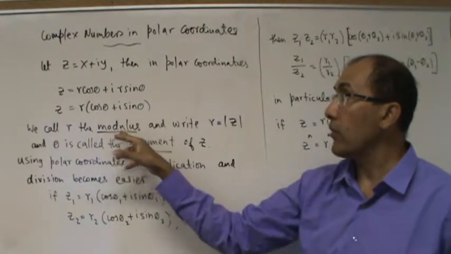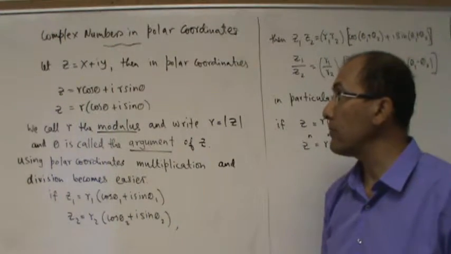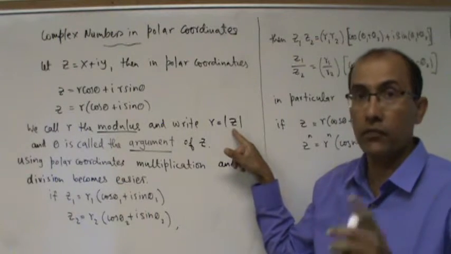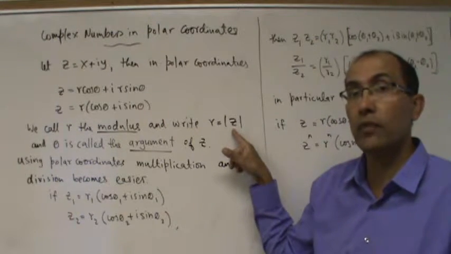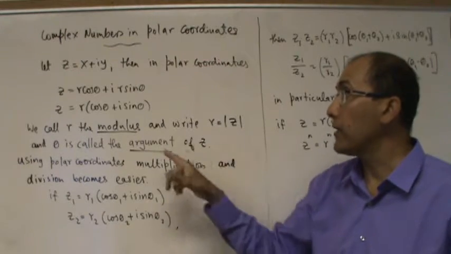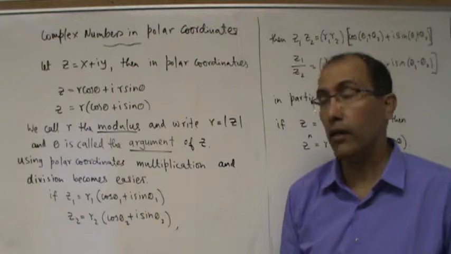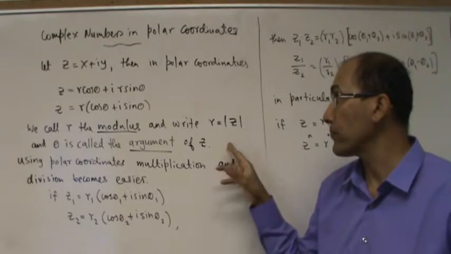We call r the modulus of this complex number and write r to be the absolute value of z, which is of course the square root of x squared plus y squared. We know that. And theta is called the argument. It's just two names that have appeared in the literature.